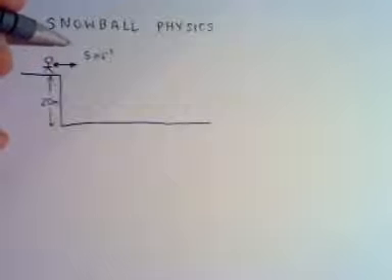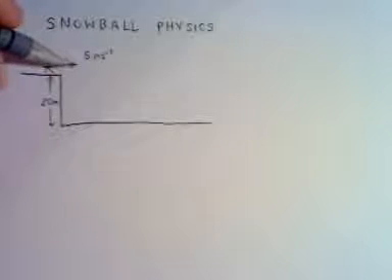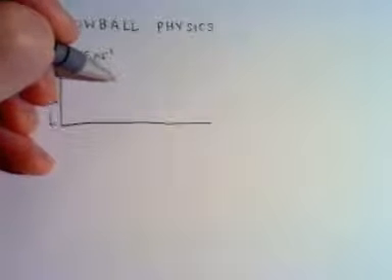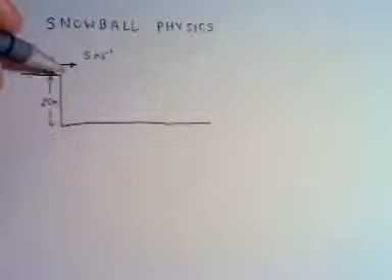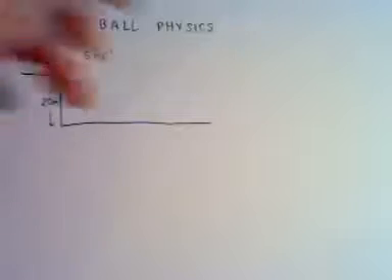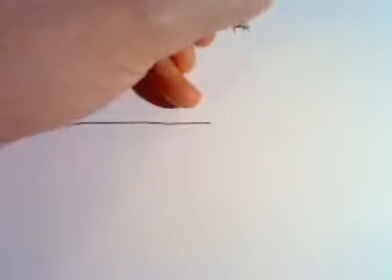There's no movement up or down initially of the snowball. Obviously the snowball is going to accelerate downwards, but initially it's just thrown out of the hand horizontally at 5 meters per second.